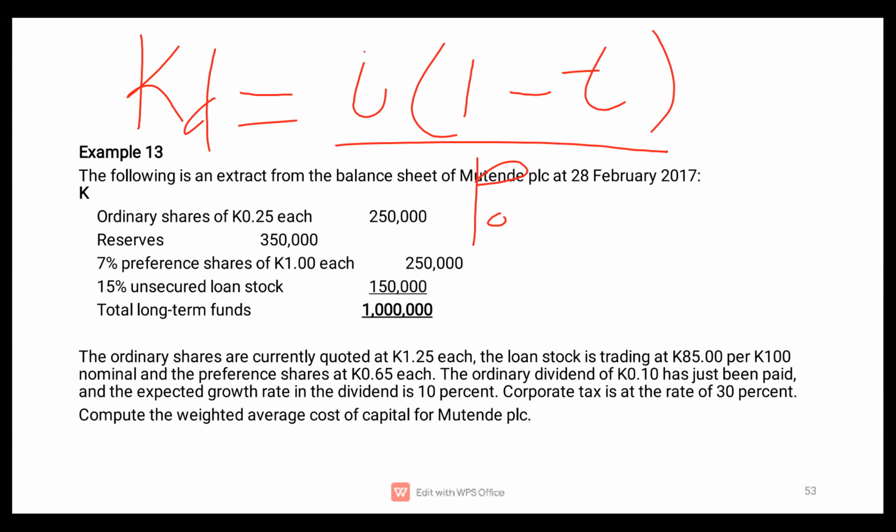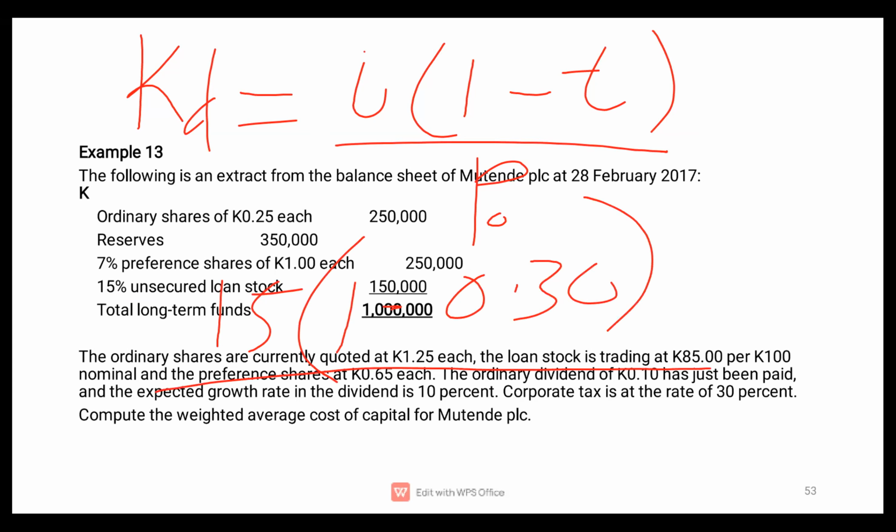The debt is a loan stock, which is trading at 85 kwacha. What is the interest for the debt? The question says you have 15% unsecured loan stock. So the cost of debt is 15% multiplied by 1 minus taxes. The taxes are 30%, 0.30, divided by the price, which is 0.85.